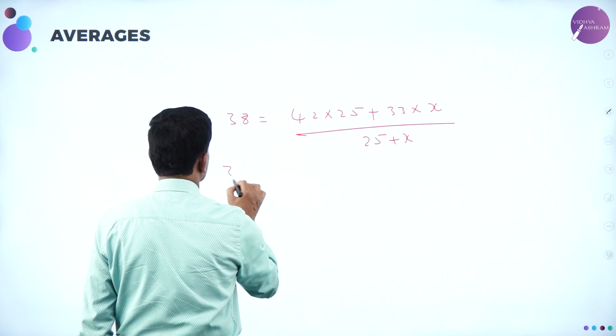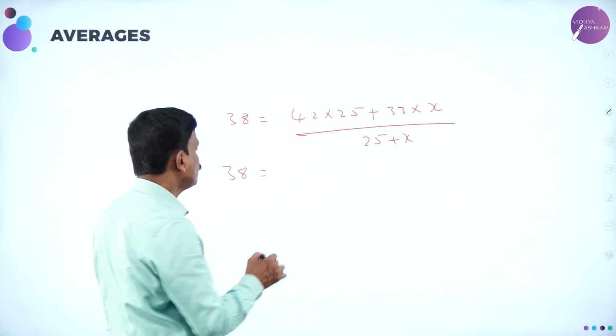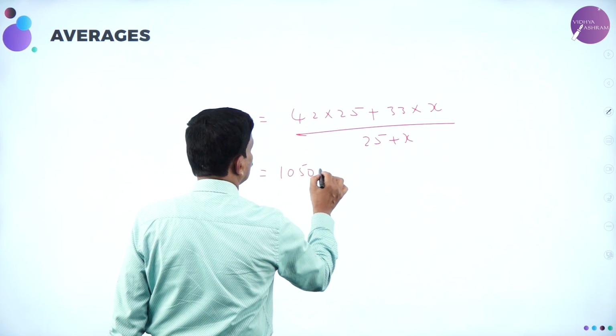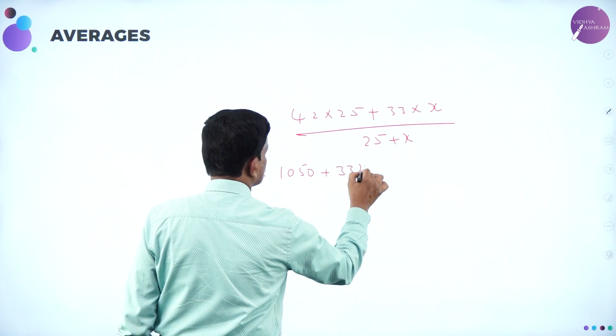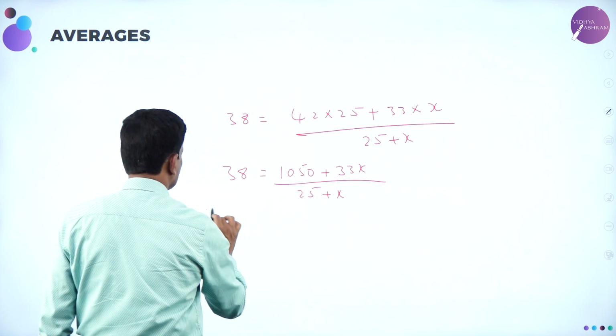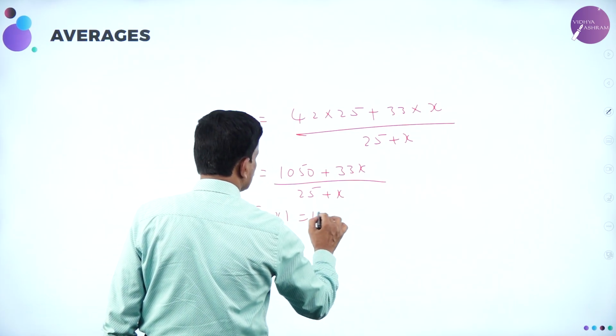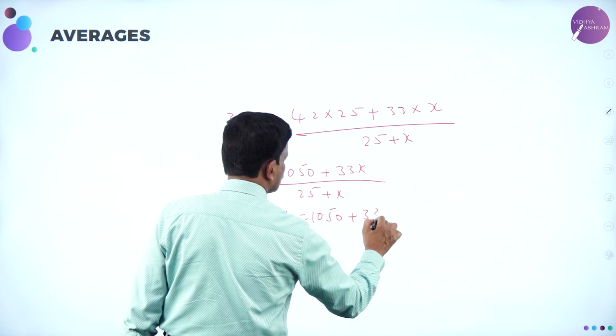Now, this can be written as 38 is equal to, what is 42 into 25? 1050. So 1050 plus 33x divided by 25 plus x. Cross multiplied: 38 into 25 plus x is equal to 1050 plus 33x.